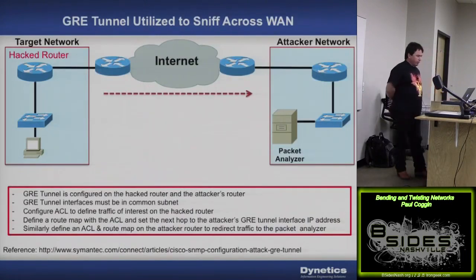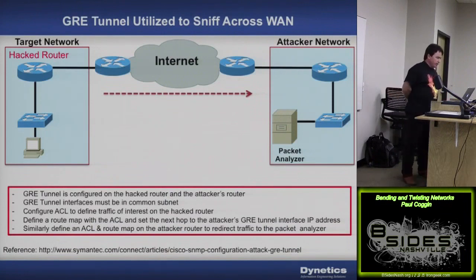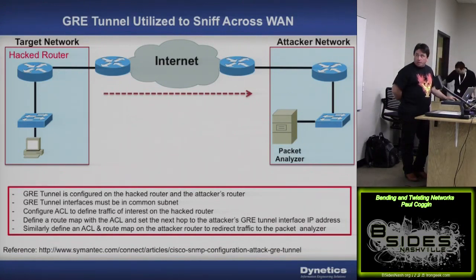Now, this is some old school stuff. If you've been around the pen test world for a long time, especially if you're a network engineer, you know about doing GRE tunneling. We used to do GRE tunneling back in the day when I got into networking to backhaul legacy protocols like IPX, DECnet, LAT, AppleTalk. We'd tunnel that across an IP network. Today you might tunnel IP over IP and encrypt your GRE tunnel.